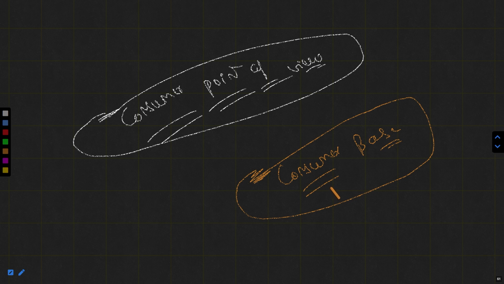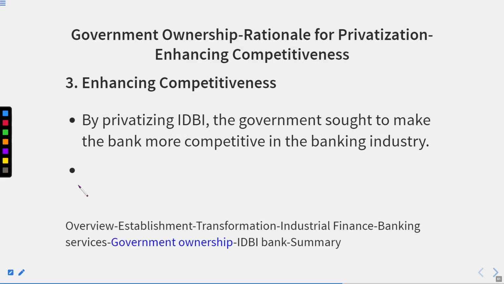Got it? And this consumer base automatically leads to the income of the bank and eventually the profit of the bank. So enhancing competitiveness is very, very necessary.